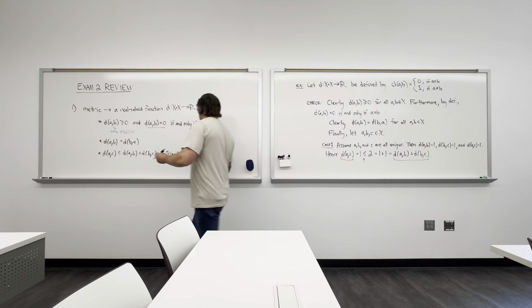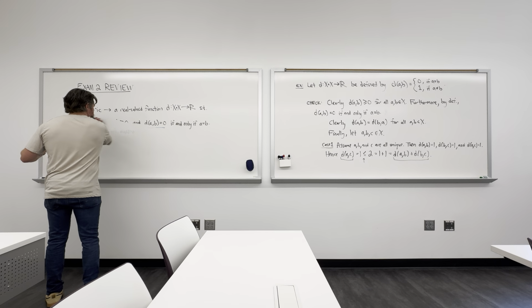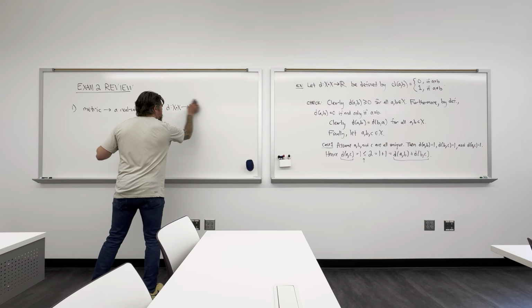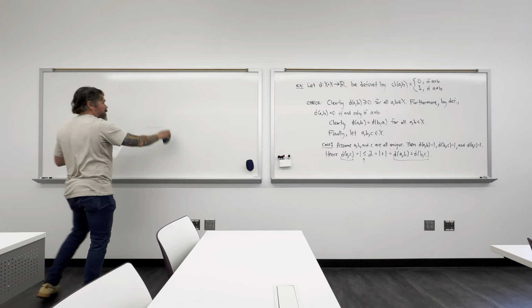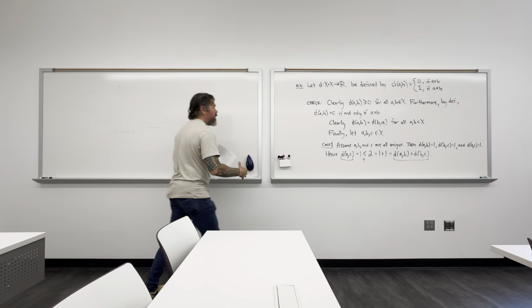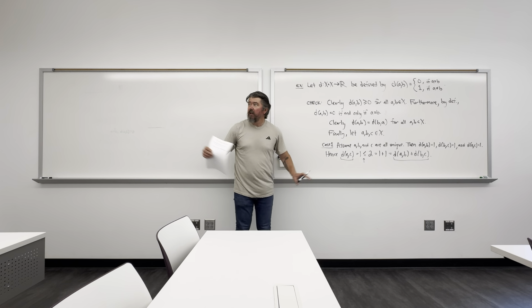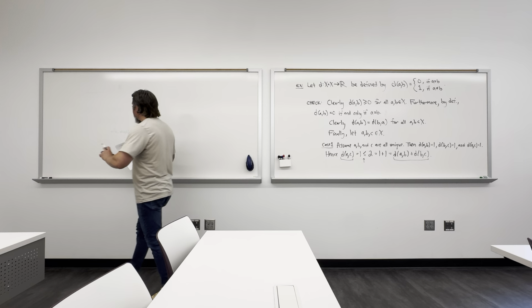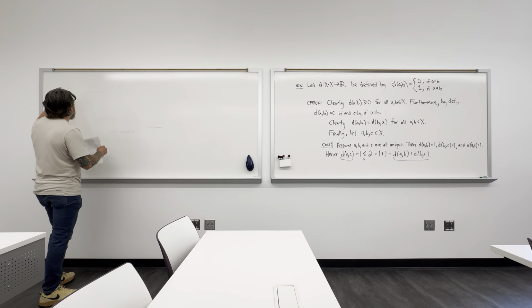Okay, case 2. So how I'm arguing this: case 1, none of them are equal. Case 2, one pair will be equal, and then I'll have case 3 where all of them are equal.